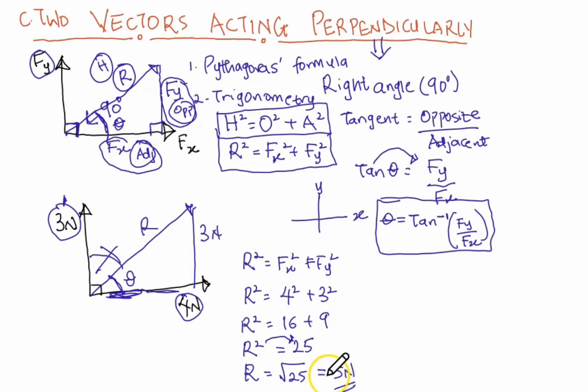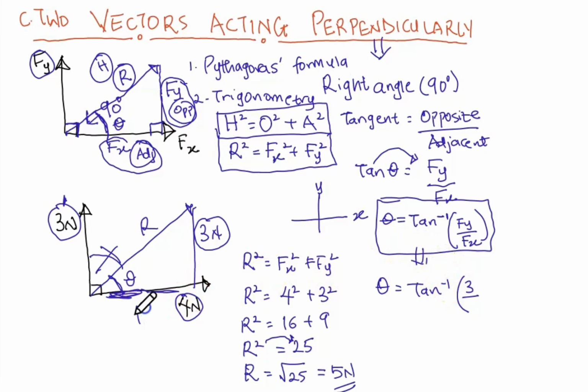So we are going to do the same for the direction, using this formula here: theta is equal to tan inverse of Fy over Fx. Our Fy here is 3 Newton. Please, you have to know which side is the y and which side is the x; it's very important when you're calculating the angle.